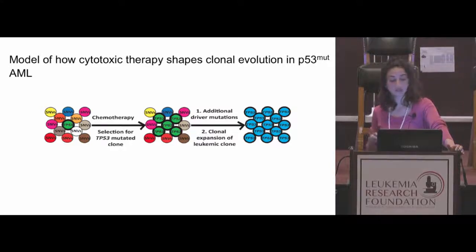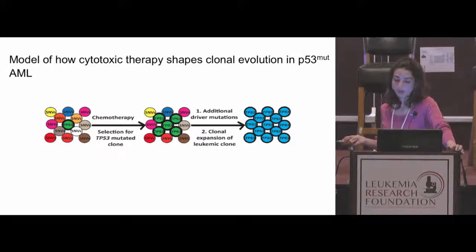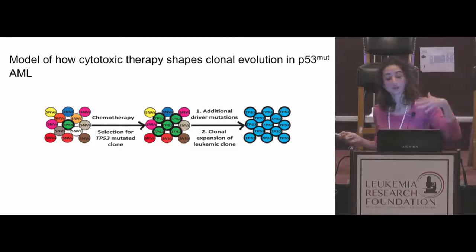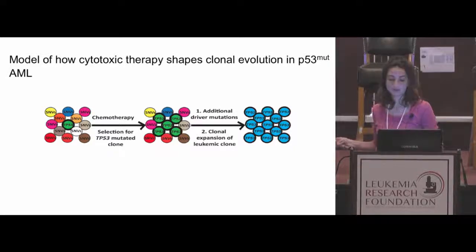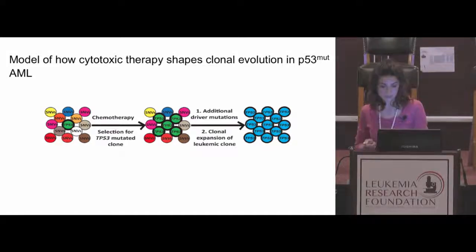And if it loses its function, then a cell can accumulate multiple insults and continue to expand. And that's what happens when you have a small P53 mutant clone at diagnosis and you treat a patient with chemotherapy. That P53 clone hangs in there because it's the one that's not going to let the cells die, and eventually acquires additional hits that make a P53 mutant disease.